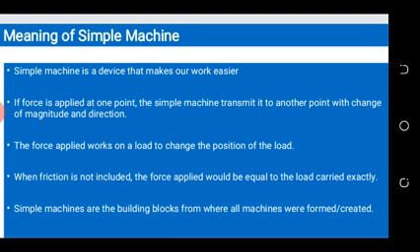So when a force or effort is applied, the simple machine is used to work on what you call a load. This load normally, without these machines, would have been carried or processed with the bare hand.